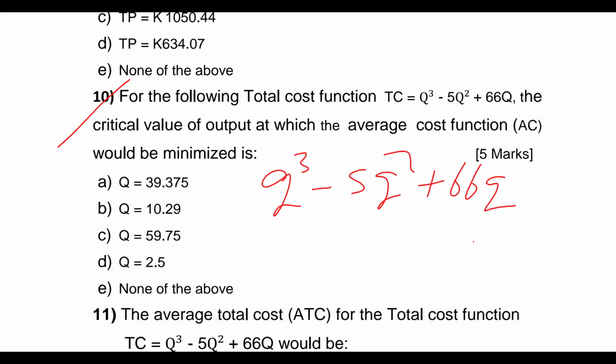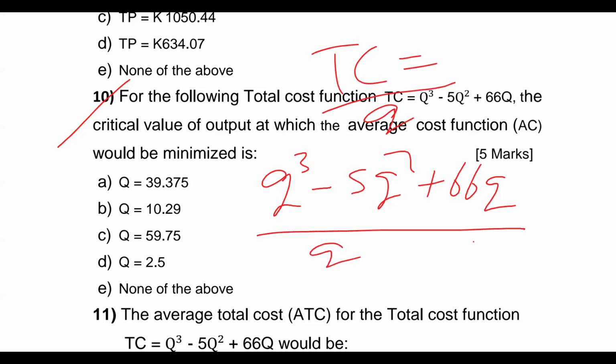First of all we need to find the average function, because we don't have it. The average function, I told you, is total cost divided by Q, the output. So the average cost function is Q squared minus 5Q plus 66.